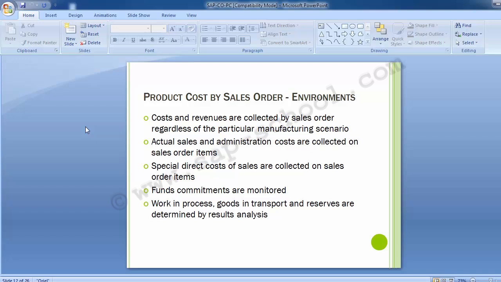Special direct costs of sales are collected on the sales order item. Funds commitments are monitored. Work in progress, goods in transport, and reserves are determined by results analysis.